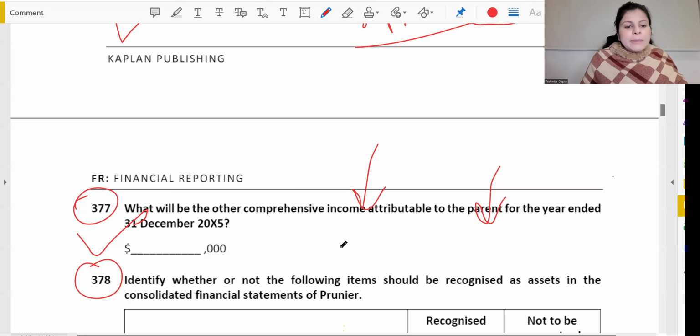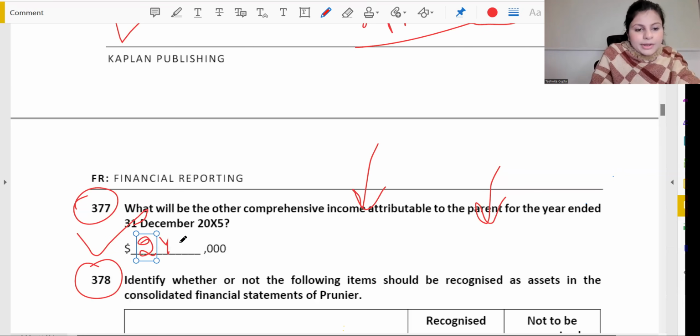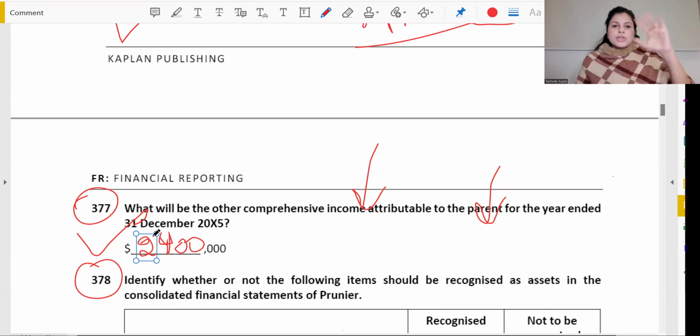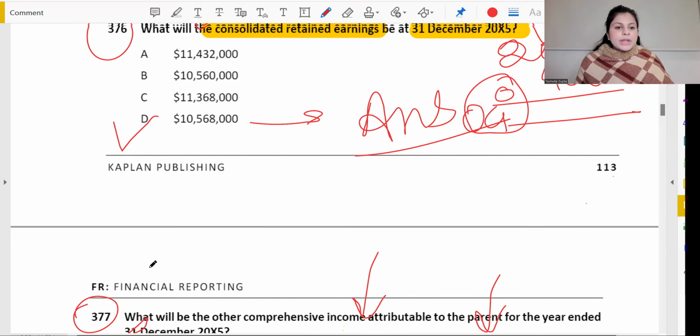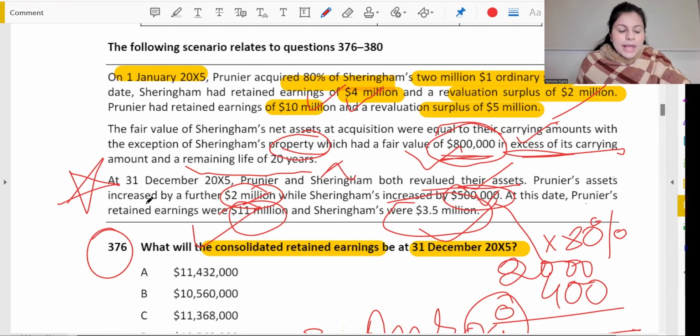So this is a fill in the blank. You can simply write here 2400. I'm working in thousands. So 2000 related to the parent, 400 related to the subsidiary. 2000 was related to the parent, this year's gain, because in the question they've clearly written that the parent made a gain of 2 million and the subsidiary made a total gain of 500.